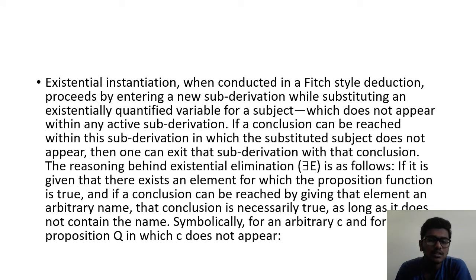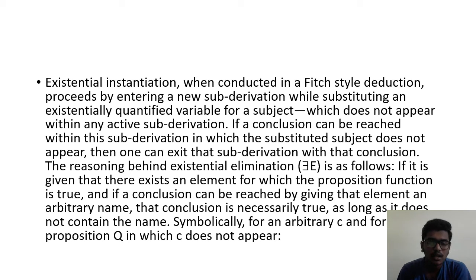Existential instantiation, when conducted in a Fitch-style deduction, proceeds by entering a new subderivation while substituting an existentially quantified variable for a subject which does not appear within any active subderivation. If a conclusion can be reached within this subderivation in which the substituted subject does not appear, then one can exit the subderivation with that conclusion.